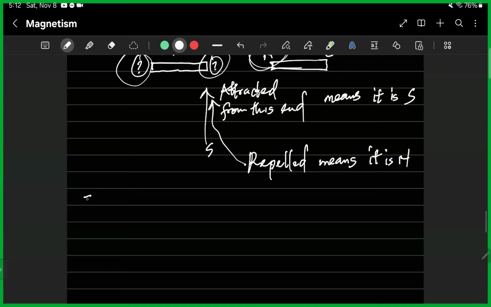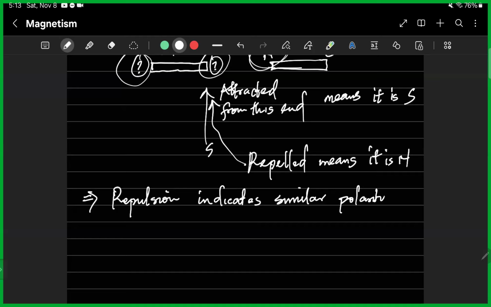So let's write the point, still under point 4. Repulsion indicates similar polarity, like poles. Repulsion means that they have similarity.